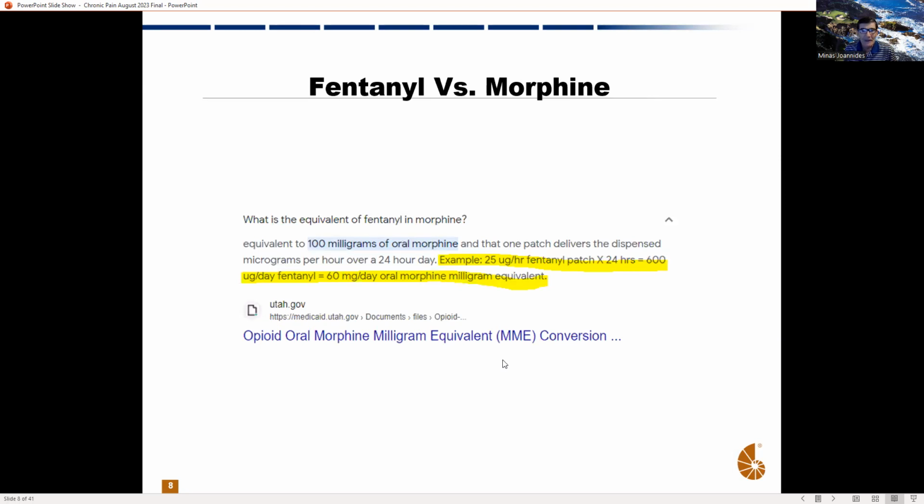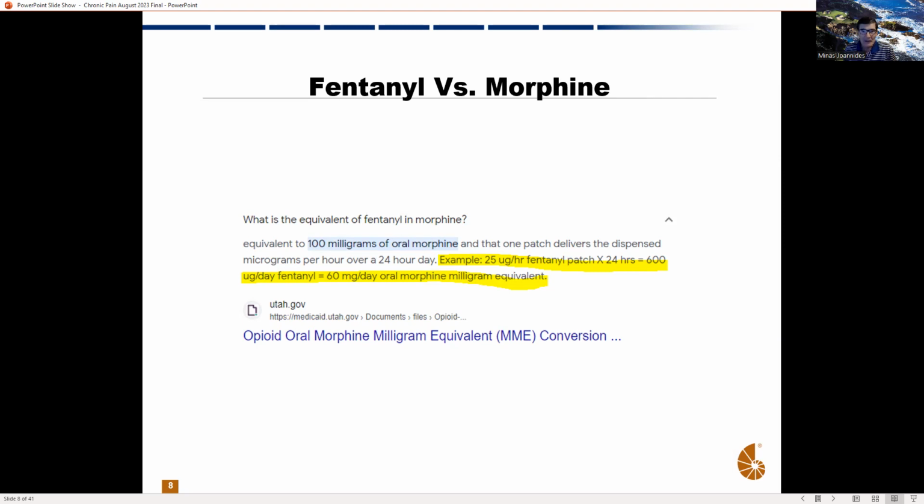Just to give you an idea of the power of fentanyl versus morphine, fentanyl is so strong that just small, tiny doses equal a regular dose of morphine. And we're going to talk about the units, which is very important when you talk about fentanyl, because very tiny doses have a powerful effect.